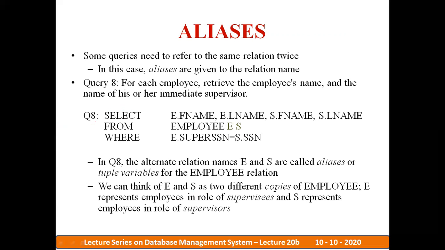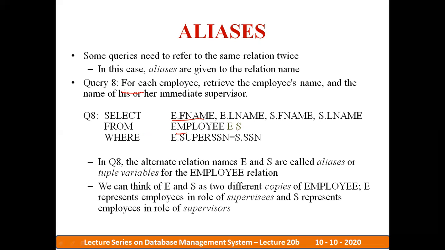For example, you can see here, for each employee, retrieve the employee's name and the name of his or her immediate supervisor. Now here in this case, I am selecting e.f name. So e.f name means we are qualifying the attribute. Here E is indicating the table we are taking, the employee.